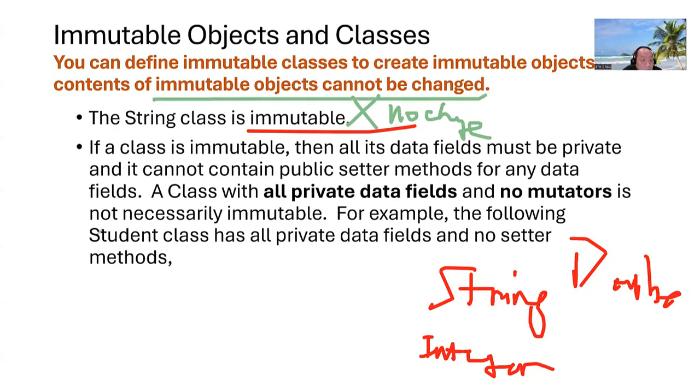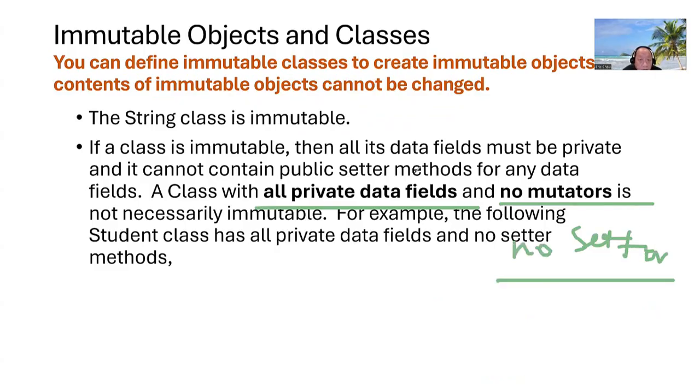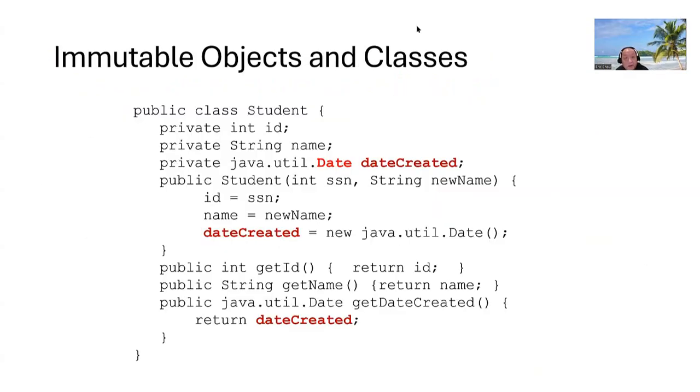Because the data cannot be changed, all private data and no mutator, no setter. So there are three rules: all private data fields, no mutator, and no return of reference type. For example, if you have this one private, that's fine.